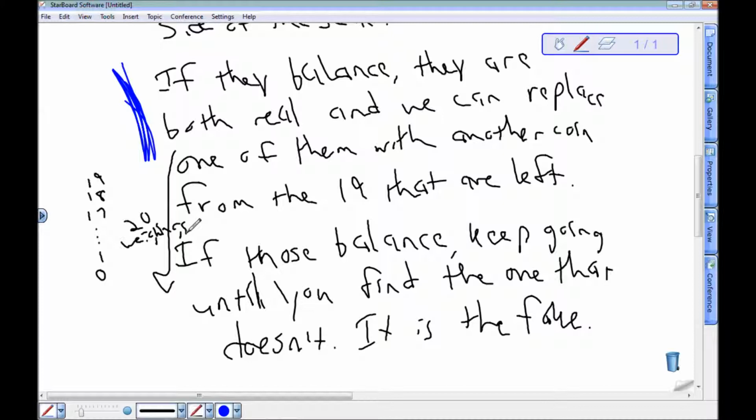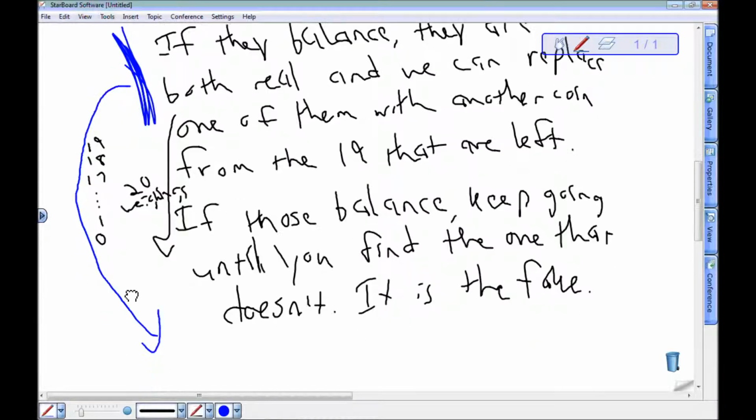So if they balance, they're both real, and we can place one of them with another.